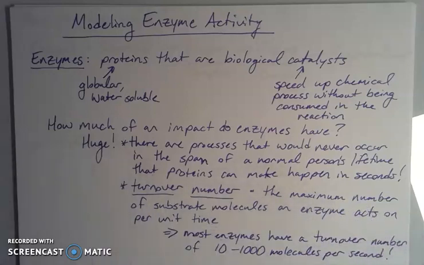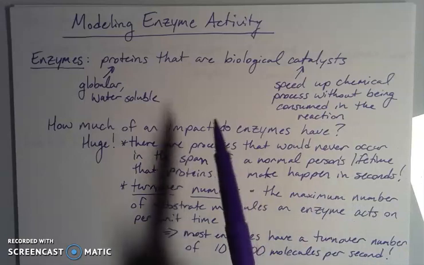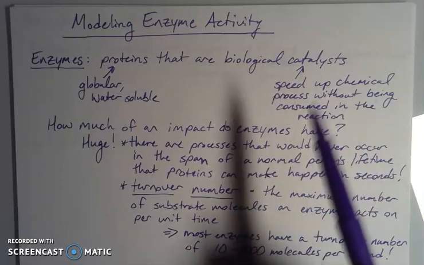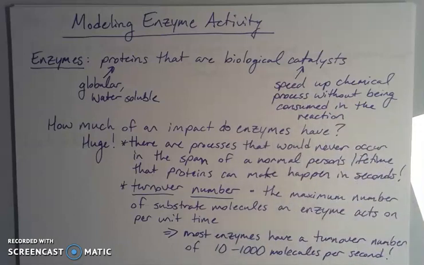So recall that enzymes are proteins, so made up of amino acids, that are biological catalysts. Now, a catalyst is something that speeds up a chemical reaction or a chemical process without itself being consumed in the reaction. So the catalyst comes in, it does its thing, speeds up the reaction, usually by lowering the activation energy, which is the minimum amount of energy required for that process to occur.